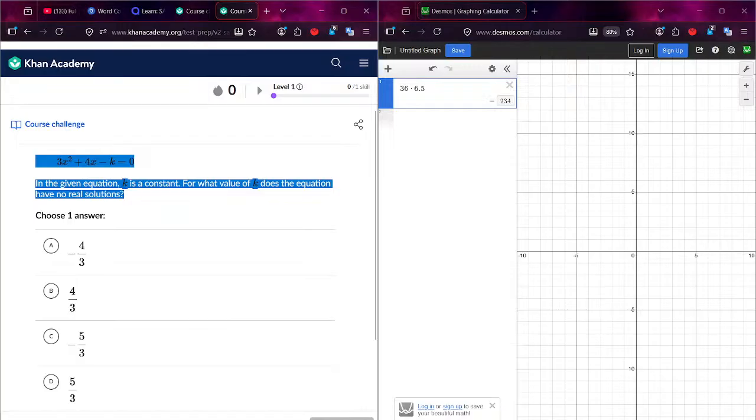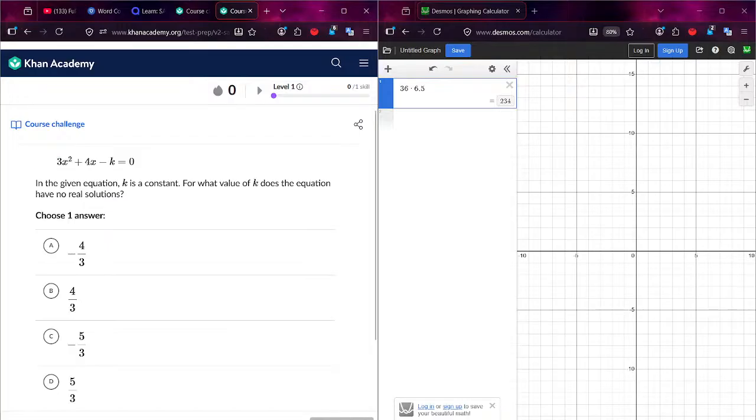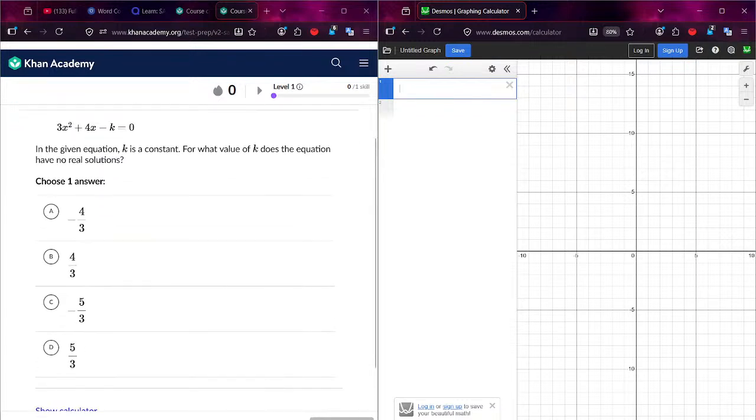So that's it. 3x squared plus 4x minus k equals 0. In the given equation, k is a constant. For what value of k does the equation have no real solutions? No real solutions. So we could just plug in and use trial and error.